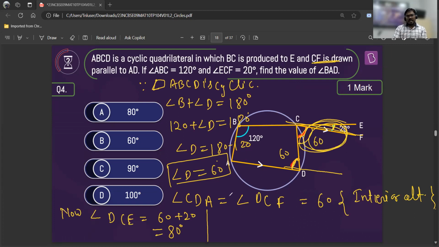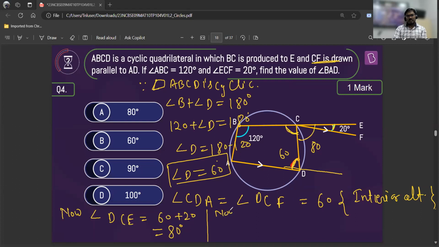Finally, almost at the last step. Not the last, it's the second last, you can say. Now we have this angle and this angle. Let me clear some part of the diagram. As you know, this whole angle DCE we got is 80.